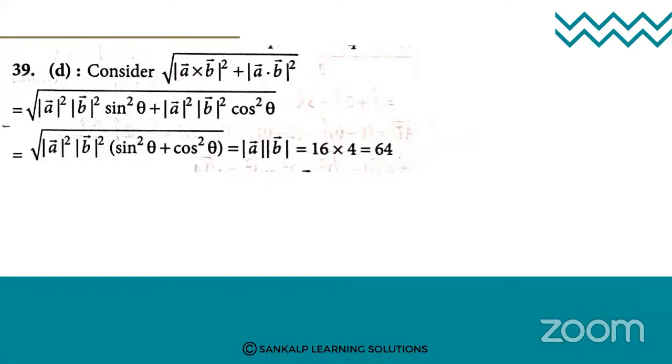On simplifying further, we get it in the form of mod A mod B, because this value will be equal to 1 as per the trigonometric identity. So square and square root will cancel off. So mod A into mod B, that is 16 into 4, is the final answer.